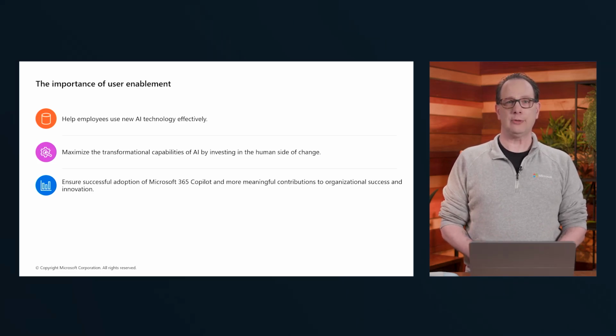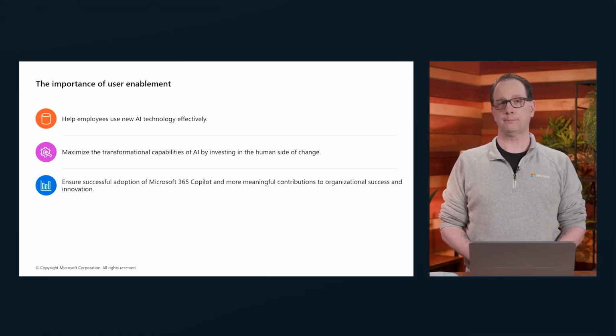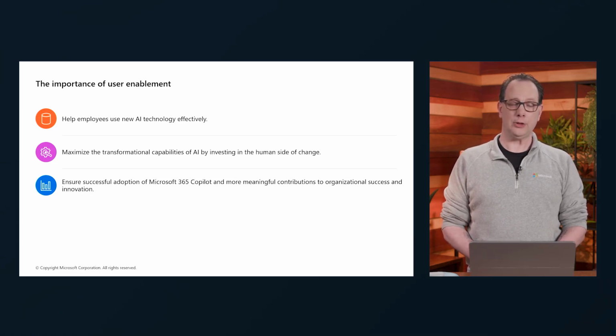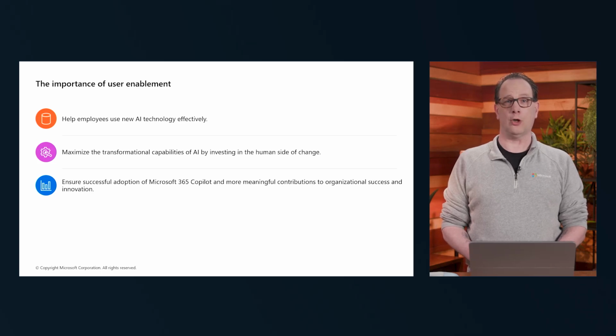Now, to get the most from these transformational AI capabilities, an investment must be made in the human side of change. User enablement is essential when introducing Microsoft 365 Copilot, because it's helping employees use the new AI technology effectively. This is important for bringing out the best in your workforce, which now includes a variety of people working from anywhere at any time.